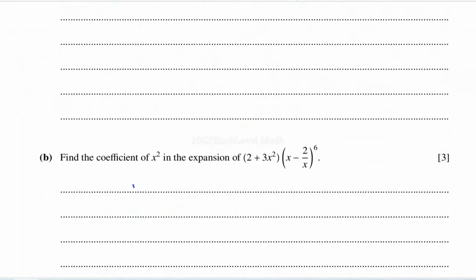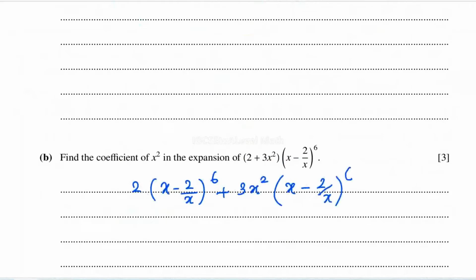So 2 multiplied by x minus 2 over x the whole power 6 plus 3x square multiplied by x minus 2 over x the whole power 6.